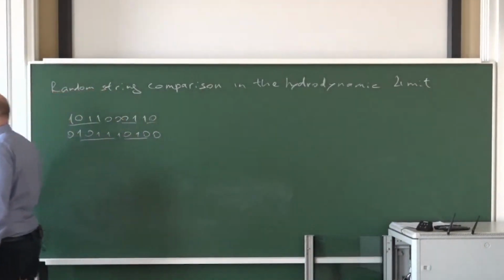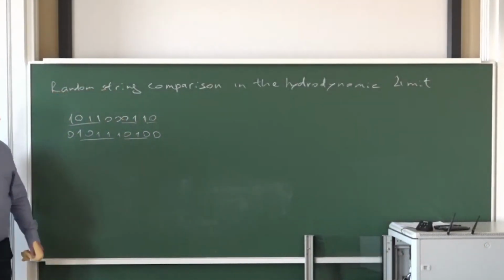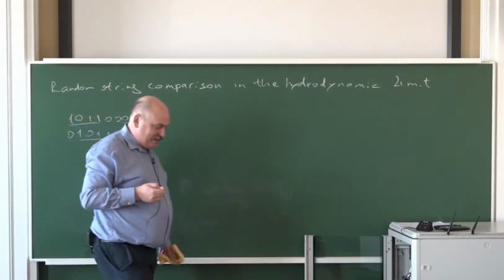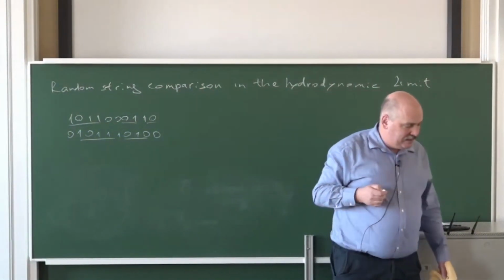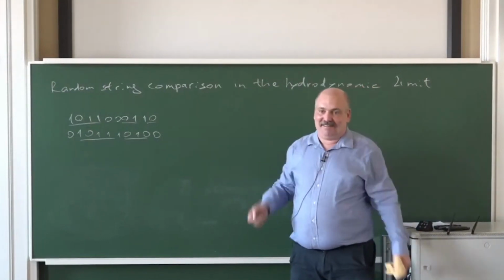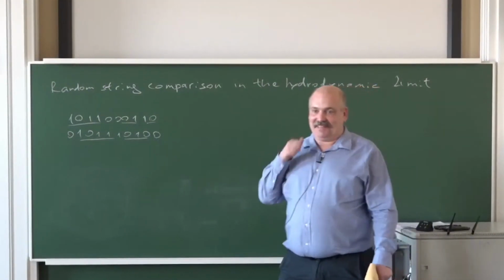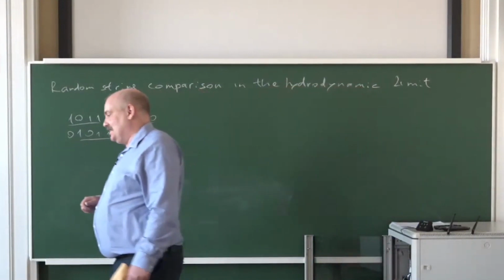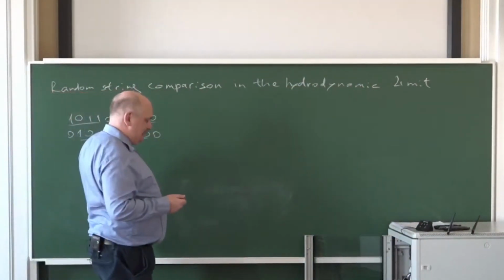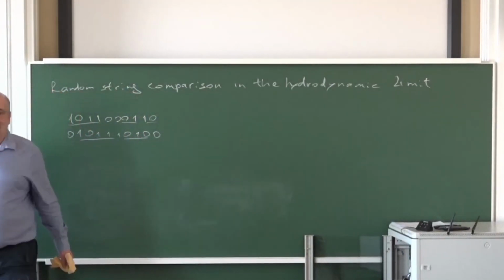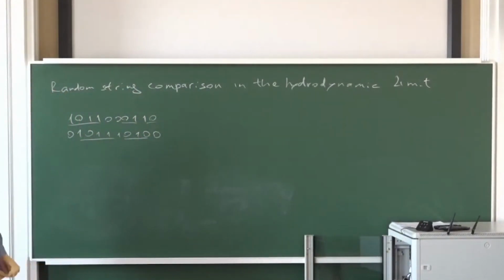Okay? And now, of course, we are mathematicians, so we wouldn't be happy with just 10 bits. So let's take 100 bits. So Gennady and I toss a coin 100 times, and we do the same thing, right? And how many bits in common should we expect, what will be the length of the longest common subsequence?